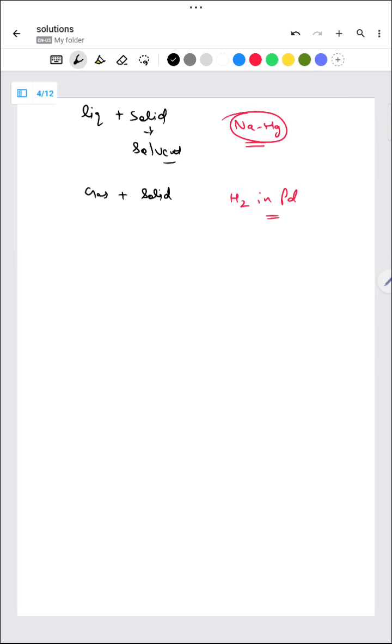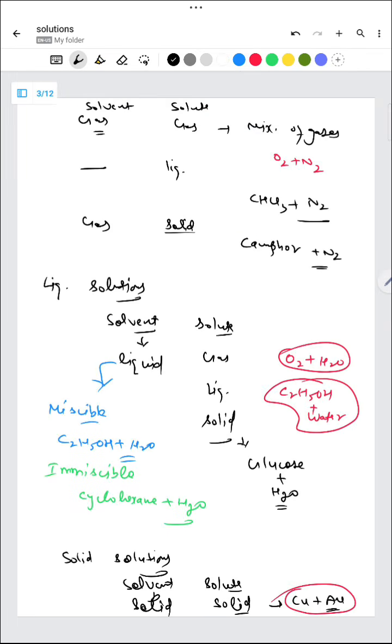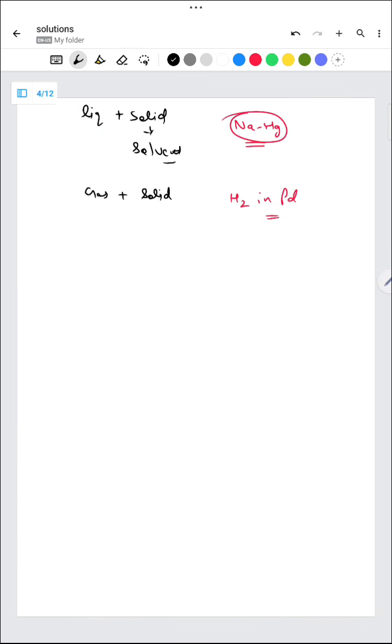Now we will discuss the composition of solution. Till now we have discussed solutions, and I have provided you a few examples of those solutions, but we don't know about the solution composition. What will be the composition, what amount we are using in these.